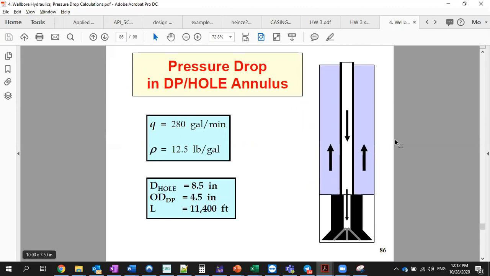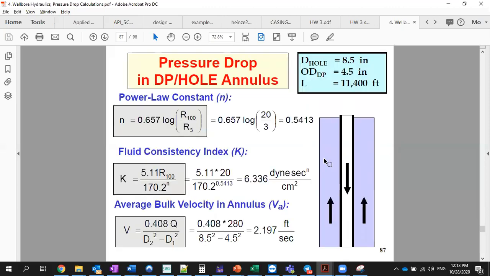If you are given a casing here, you use the inner diameter of the casing. If you don't have a casing, you use the wellbore diameter. The way you need to decide about that is to see what surface your drilling fluid wets, right? So that's what you need to consider when you calculate these pressure losses.